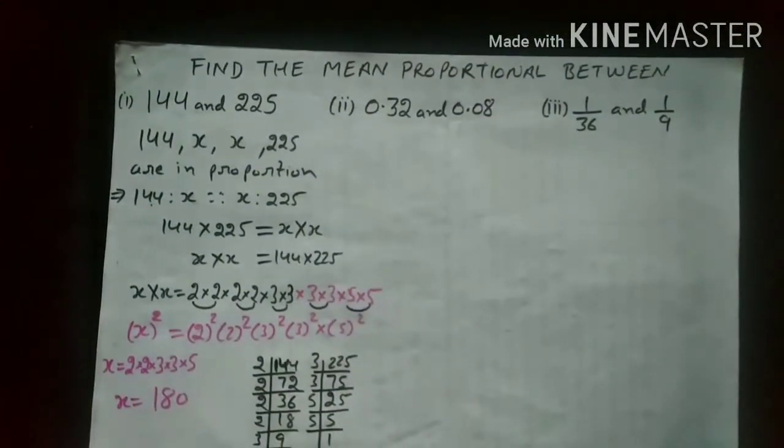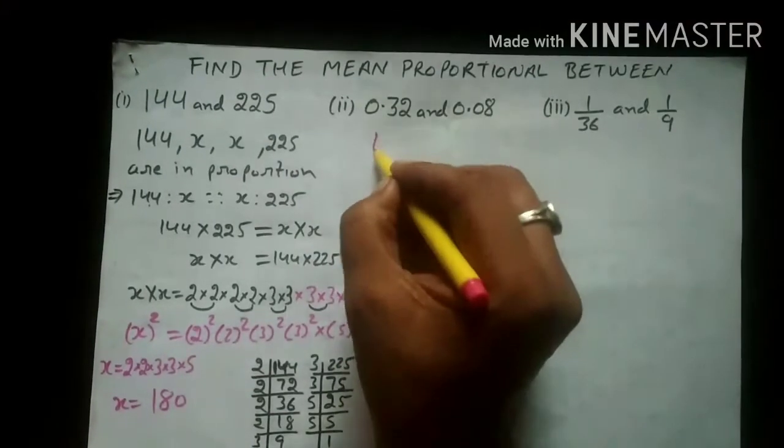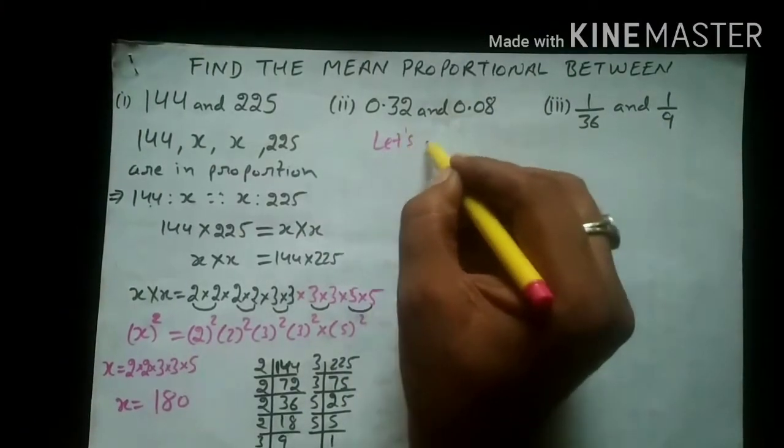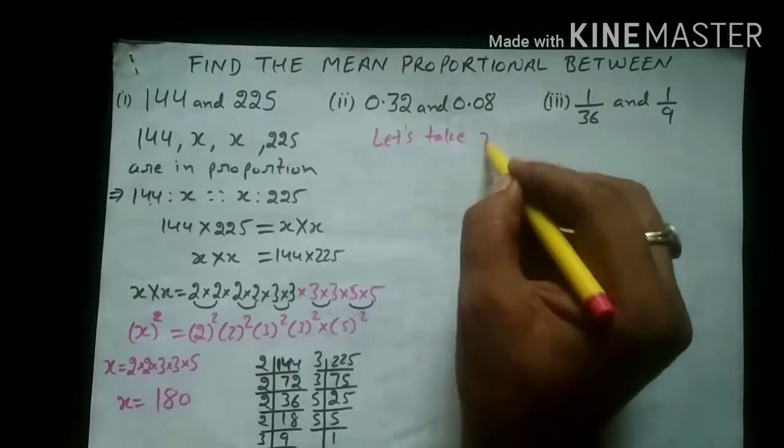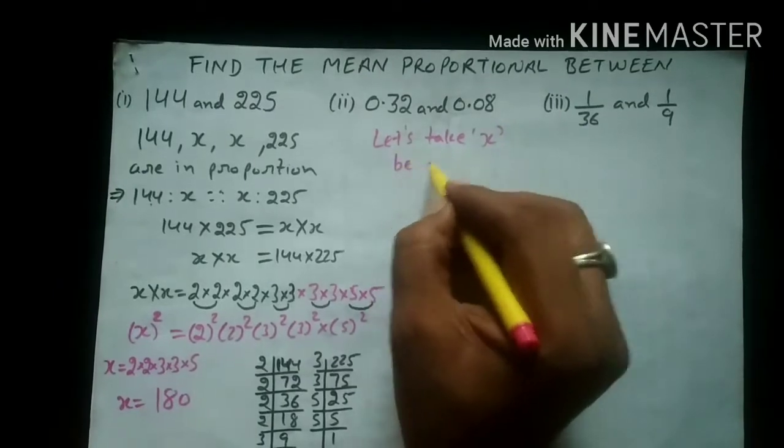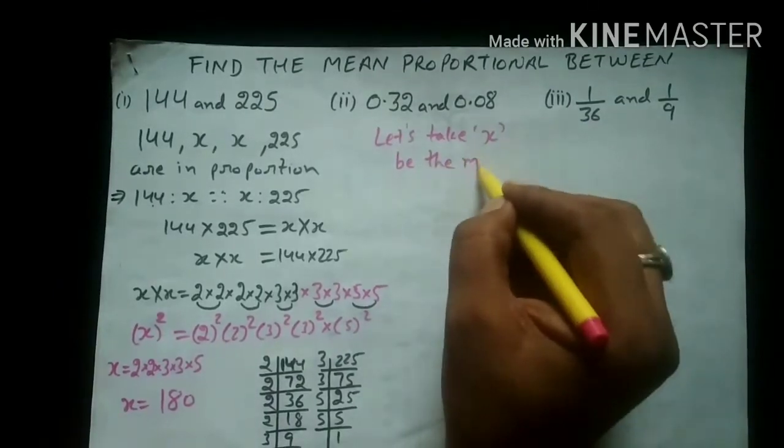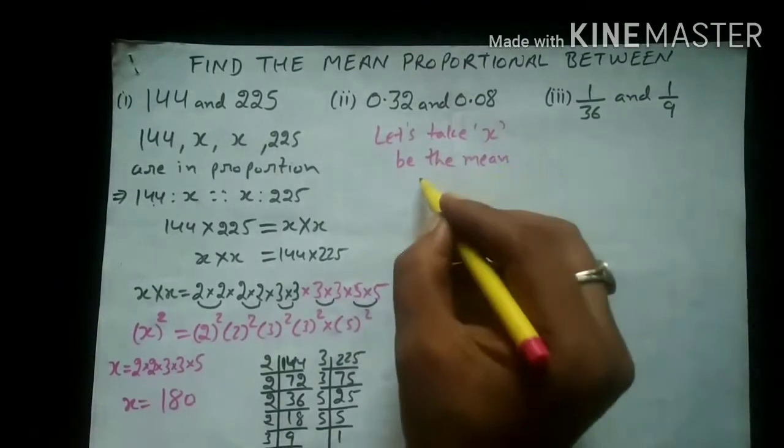Now we are on the second part. Here we have 0.32 and 0.08. Now we have to find the mean proportion. So let us take x as the mean proportion.